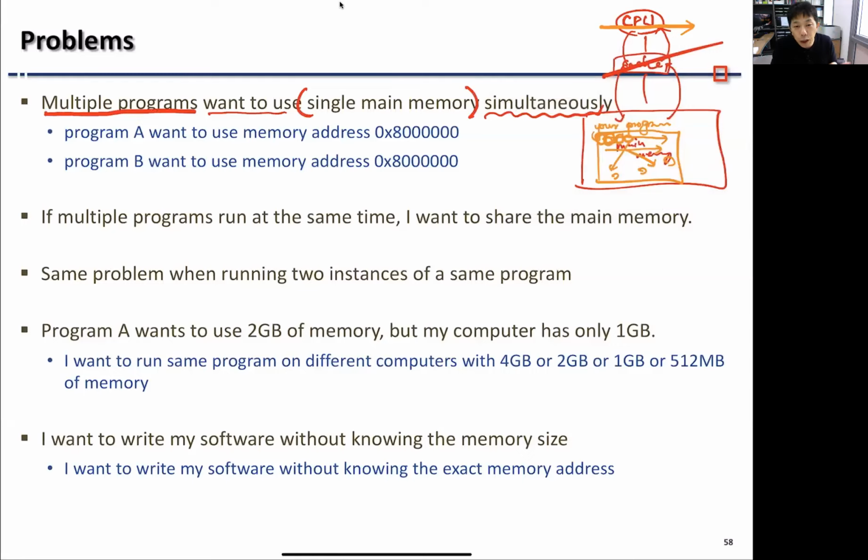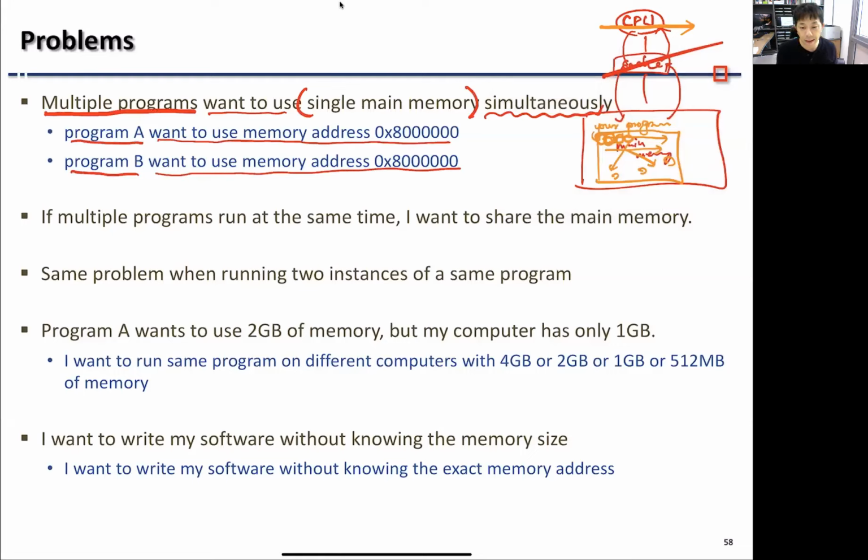We do this every day. We have only one main memory, but I want to run many, many programs at the same time, multitasking. So what if program A wants to use some memory address and program B also wants to use the same memory address?